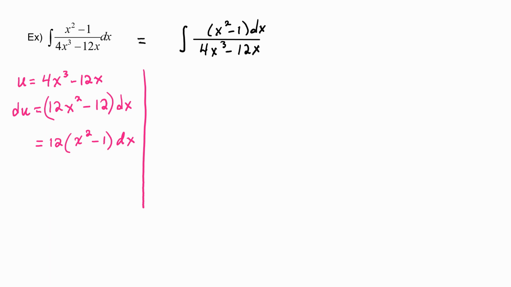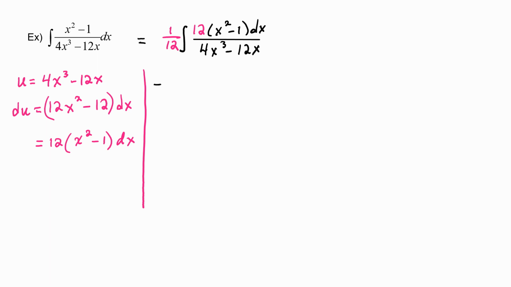Now what we want to do is multiply by 1 in the form of 12 times 1 over 12. The reason we do that is so that now we will be able to do our substitution to the u variable.